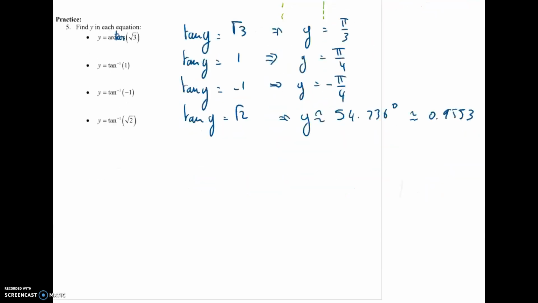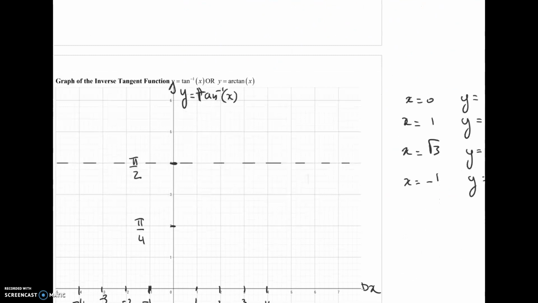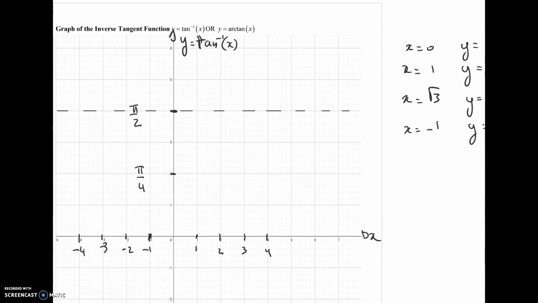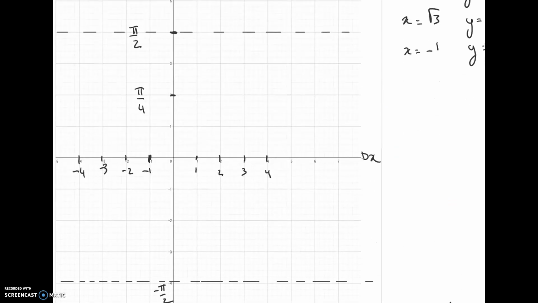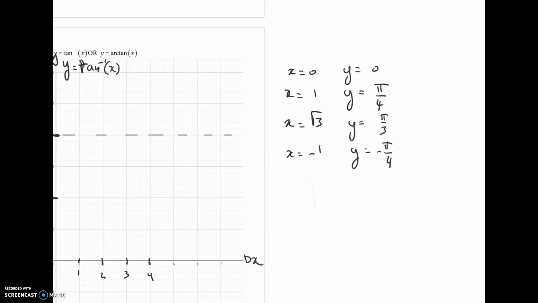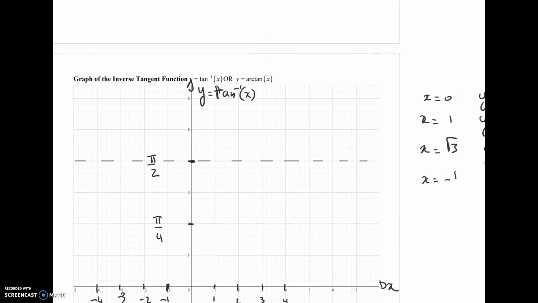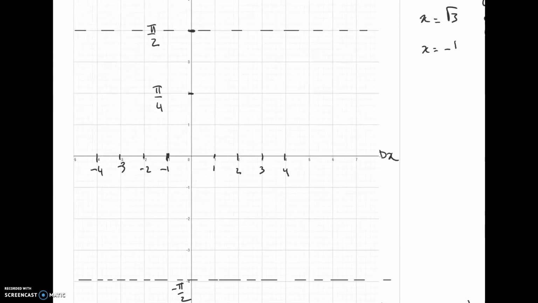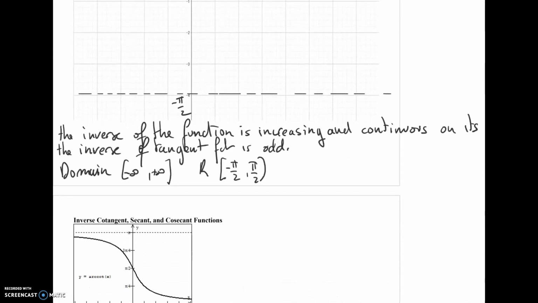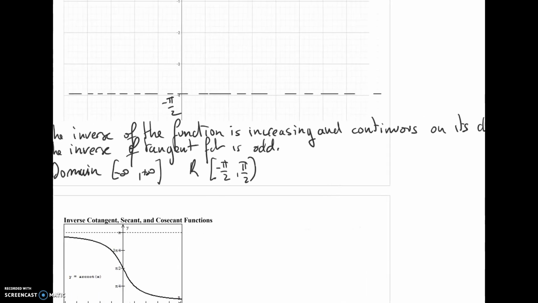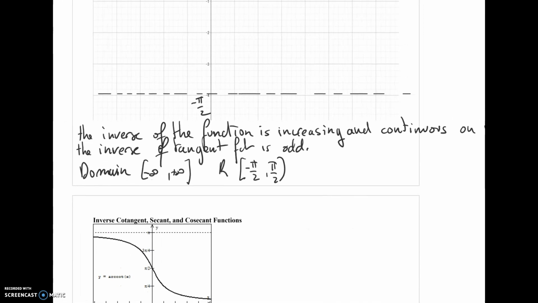Now let's move on to the next part, which is graphing the inverse of your tangent. I'll let you do that. You have everything you need, all the values of x and y to graph the inverse. Same idea. If you have any question, please ask me when you will be in class. The inverse tangent function is increasing and continuous on its domain. The inverse of a tangent function is odd, and you have the domain and the range.